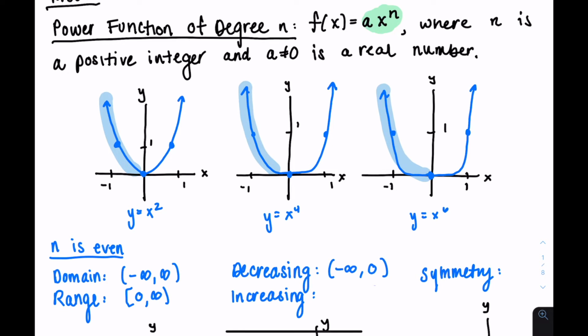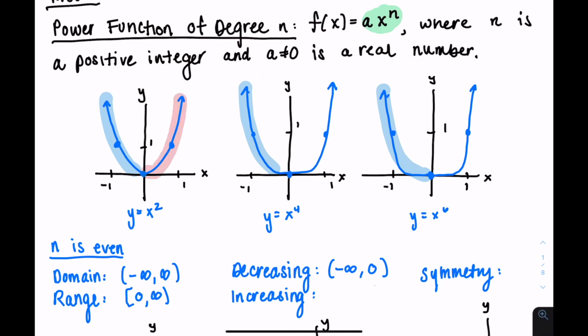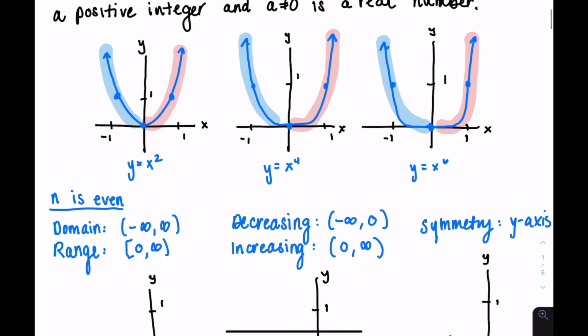So it's decreasing from -infinity to 0. And then on the right half of the graph is where it's going to be increasing. So that's from 0 to infinity. And so because of the shape of all of these, and if you go through even and odd functions, this is symmetric with respect to the y-axis.